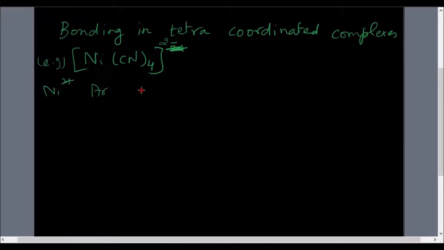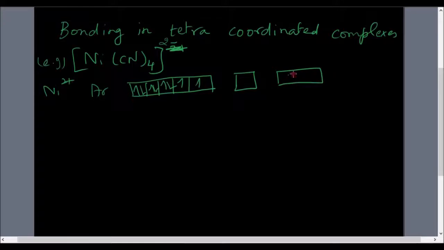That will be like this. Nickel atom has 28 electrons. So Ni2+ has 26 electrons. This will have 8 electrons in the 3d orbital and 4s orbital is empty. Of course, we have the 4p orbitals also. This is 3d with 8 electrons, 4s and 4p.